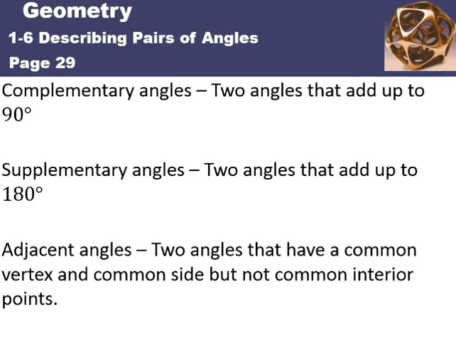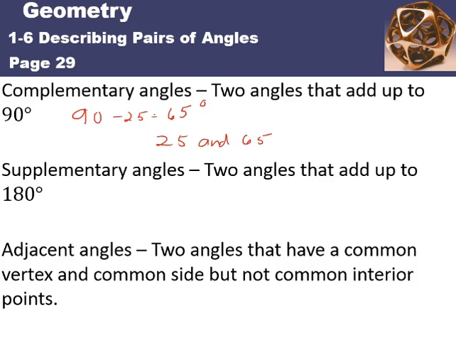So 90 minus 25 is 65. So 25 and 65 are complementary. I should have picked an easier number for us.